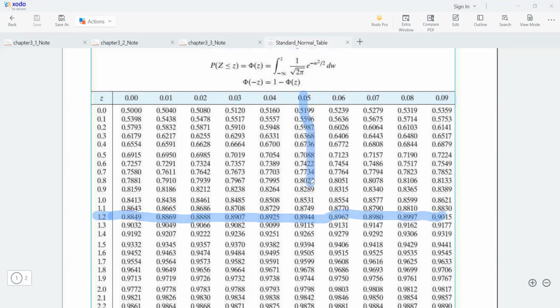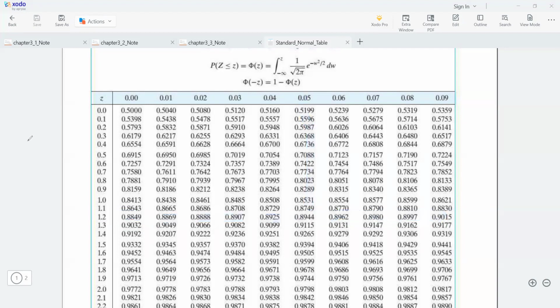So we say this column. That's why the answer we need here is about 0.8944. This is our standard normal random variable smaller or equal to 1.25. Okay, so far so good.